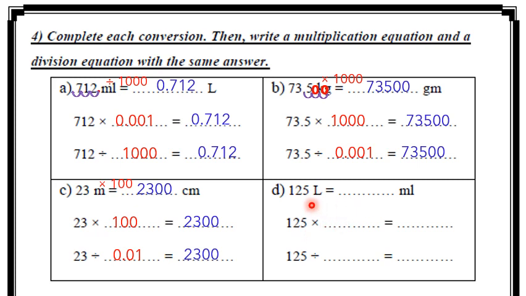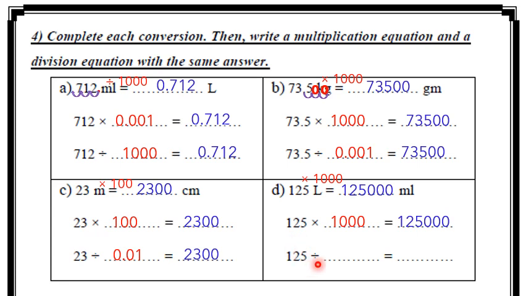Here, as we know that 1 liter equals 1000 milliliters, so if I have here 125 liter, I will multiply by 1000. So the answer will be 125,000. Now he put for me multiplying. So I will write times 1000 gives me 125,000. In the last, he changed the sign.